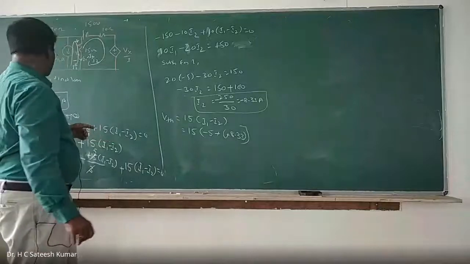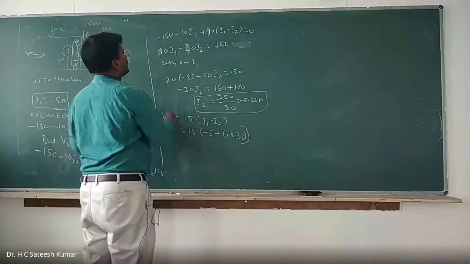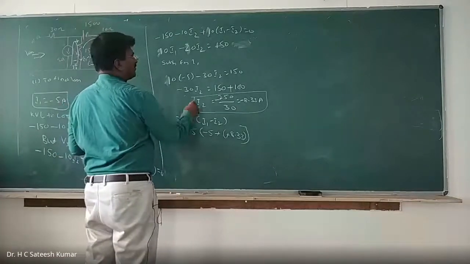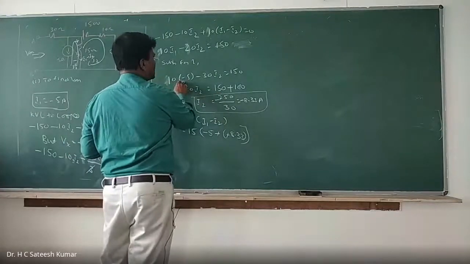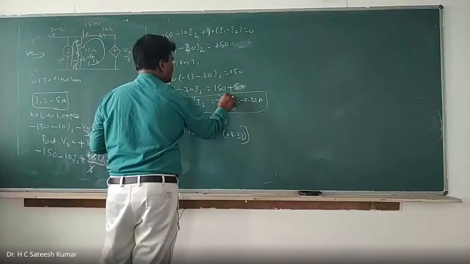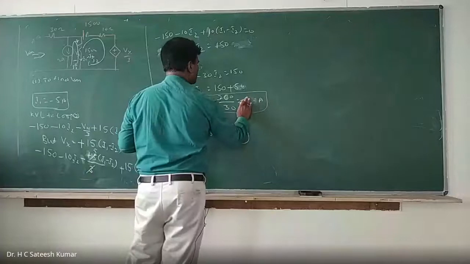Substitute for I1, which is minus 5: 10 into minus 5 is minus 50. So this is plus 50, and this becomes 200. That will be your minus 10 amps.